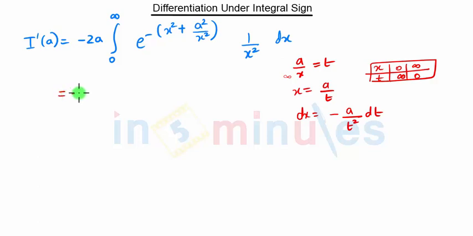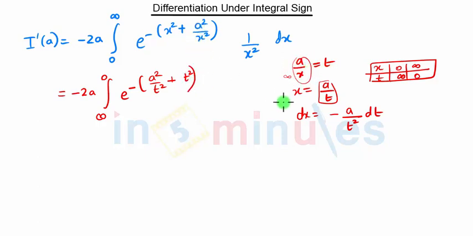So our new integration will be minus 2a integration of infinity to 0 e raised to minus x square, that is this square, a square upon t square, plus a by x square, that is t square, into 1 upon x square dx. So 1 upon x square will be 1 upon a square into t square, and dx is minus a by t dt.